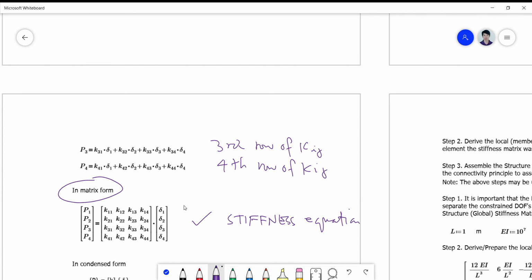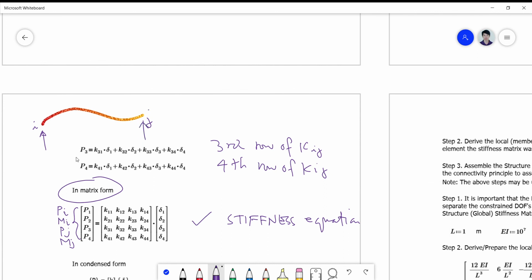Remember that these are generalized forces. So this is a value of a force P at I end. This is a moment at I end. This is a P at J end, and this is a moment at J end. If I go back to my original figure, this is my I node, this is my J node.